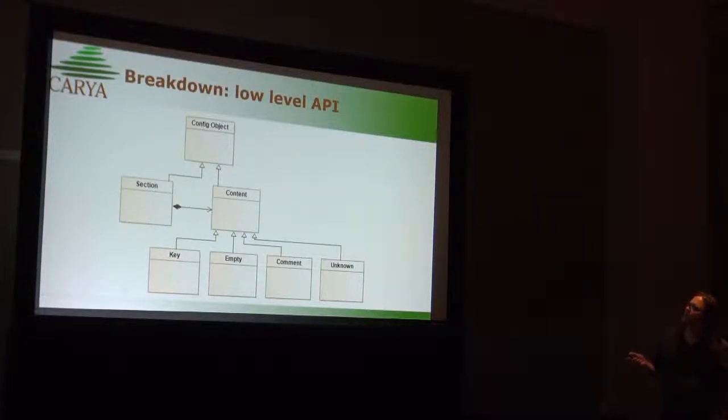Maybe, if not, then you'll learn something. But so a section is a type of configuration object, and it contains content, and the content can be a key, empty, comment, or an unknown object. So basically, this breaks down the ini file by line, and each line is an object, and there's a hierarchy where the content is in the sections.